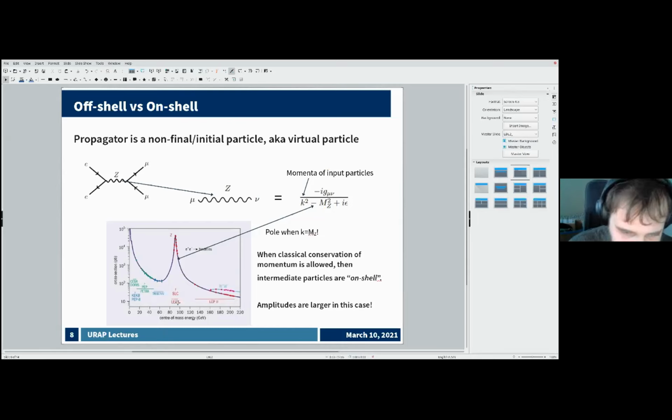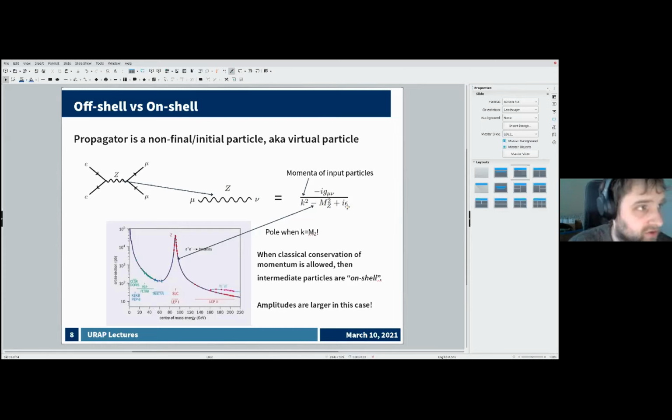And you can see that the closer you get to the Z mass, which is around 90 GeV, the number of events goes up, and the further you get away from it, it goes down. The other thing that's nice is that the width of this peak, if you're not limited by the detector resolution, is actually proportional to this epsilon.